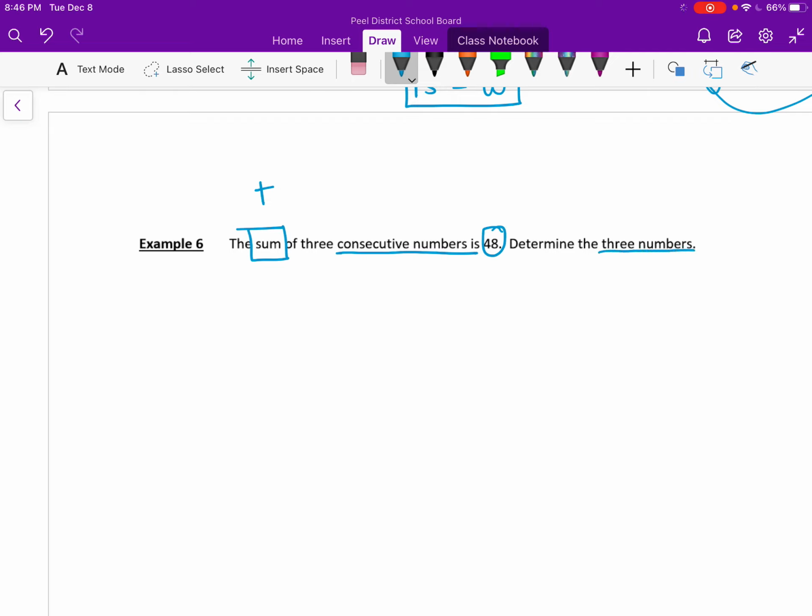So, say let x equal the first number. Let y equal the second number. Let z equal the third number.